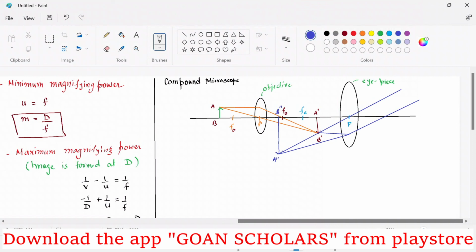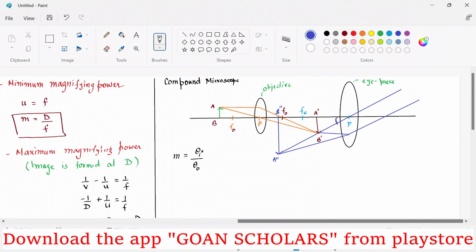Okay, let's write now the magnification. What is magnification? Sir, magnification is, you said, the angle made by the image on the eye upon the angle made by the object on the eye. Now theta naught is fixed, h by d. What is theta I? That we have to find. Theta I is the angle made by the image on the eye.